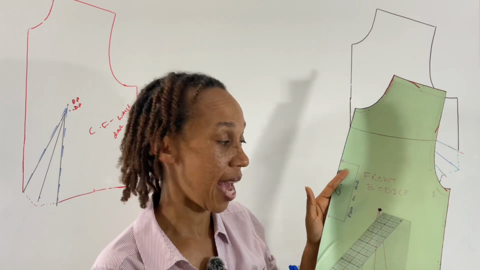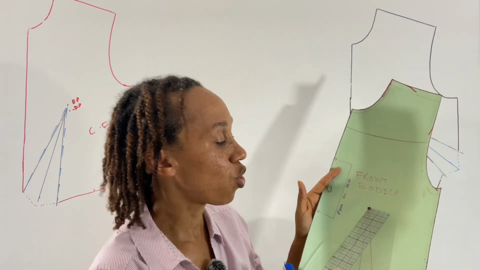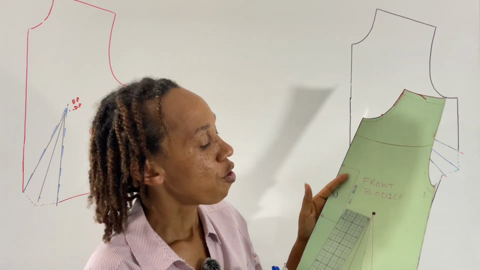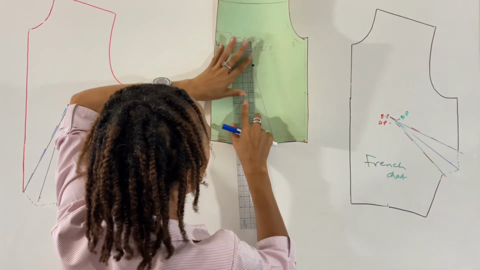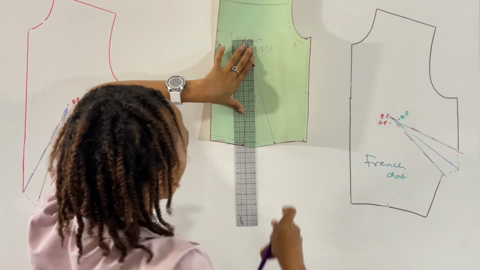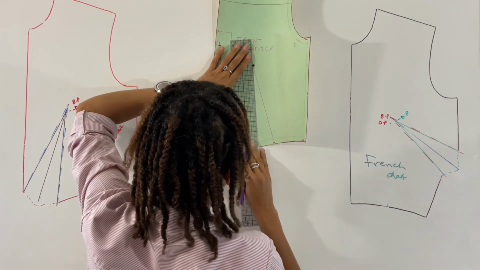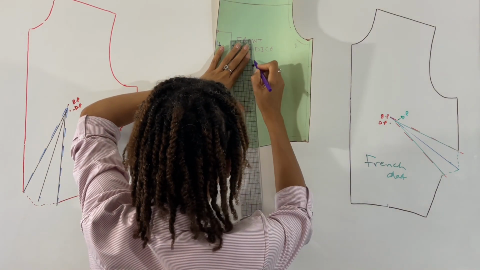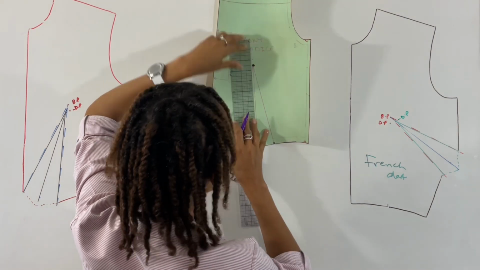In order to get your bust point, because it's going to be at the bust level, you have to go up 5/8 of an inch. So I would suggest that you continue to trace this line up 5/8 of an inch from the tip of the line, and right here is your 5/8 of an inch.